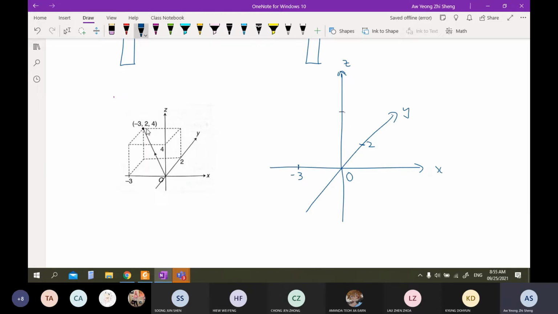In a normal xy plane, a 2D plane, when you have a coordinate, let's say this is 3, this is 4, the coordinates will be written as (3, 4). Similarly, when you have a 3D diagram, the coordinate will have 3 numbers, all separated by commas. As usual, the first number represents the x coordinate, the second number is y, the third number is the z coordinate.